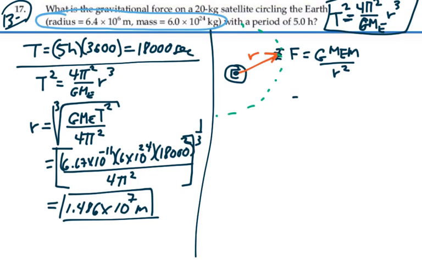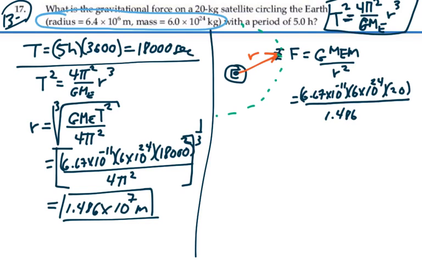So this force is going to be equal to 6.67 times 10 to the minus 11 times the mass of the Earth, 6 times 10 to the 24, times the mass of the satellite, which is 20 kilograms, all over the radius of the orbit, which we just found to be 1.486 times 10 to the 7, and we'll square that.